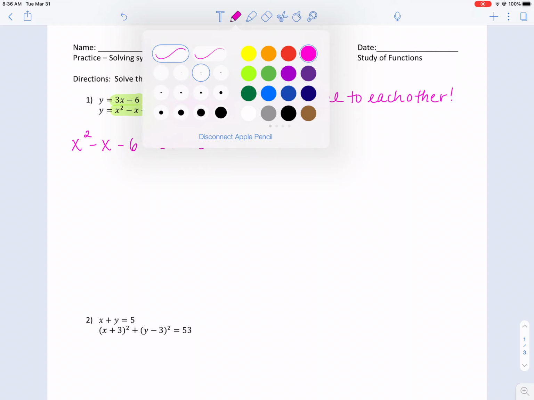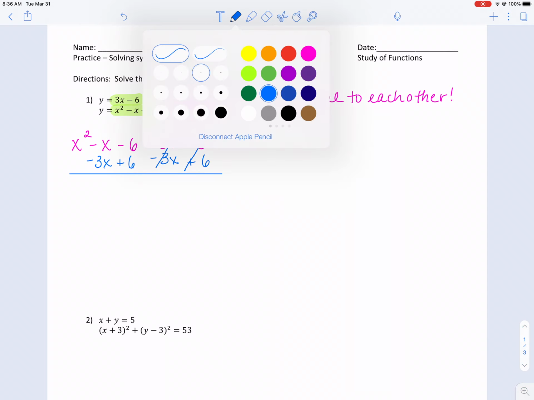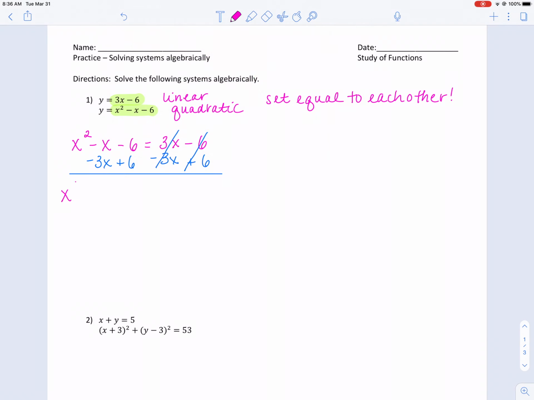So I am going to subtract 3x, and look where else I subtracted, the like term, and I'm going to add 6. When I do that, this is gone and this is gone. They both become 0. I have x squared minus x minus 3x is minus 4x, and negative 6 plus 6 is another 0, equals 0.